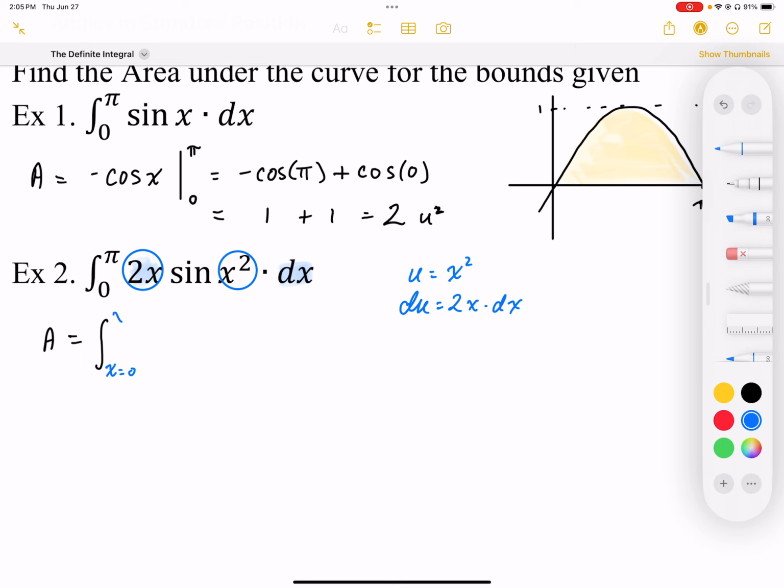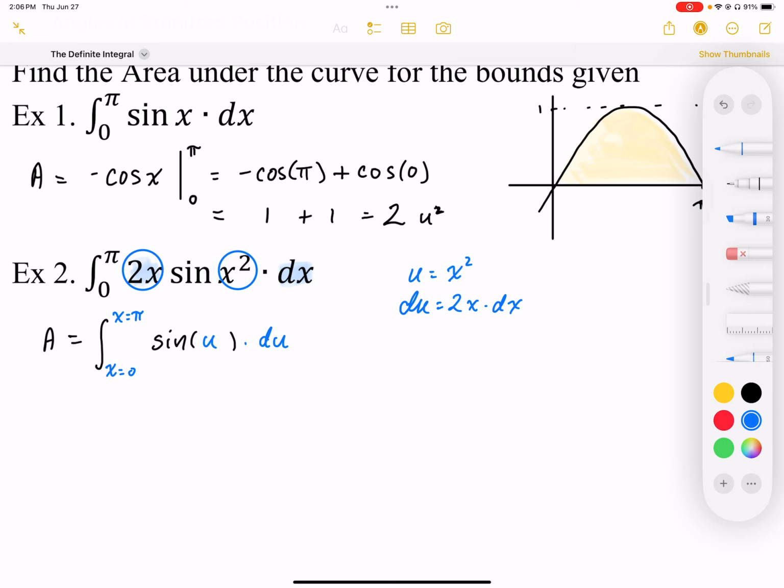So x equals 0 and x equals pi, because our expression now is going to be in terms of not x, but it's going to have a u in it and a du. Whenever we do that, we need to make sure that we indicate that in our bounds, and our bounds are in terms of x and not u.